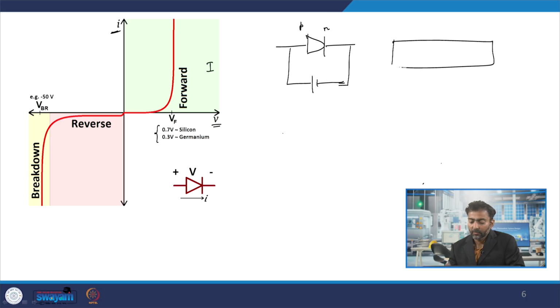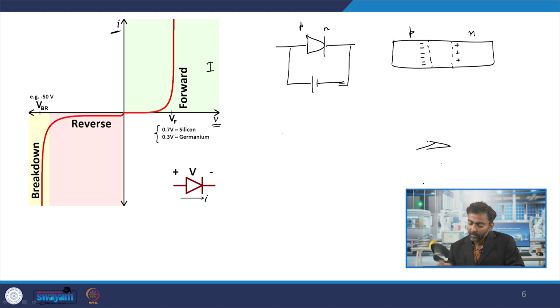Just to relate it to what we studied just now for the space charge region. If you have p type here and n type here, there is a space charge region in between. As we just discussed, p is relatively at a negative potential and n is relatively at a higher, positive potential.